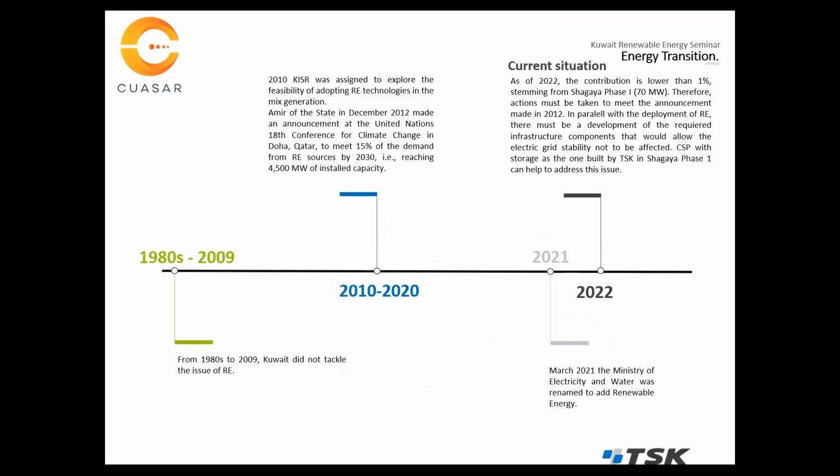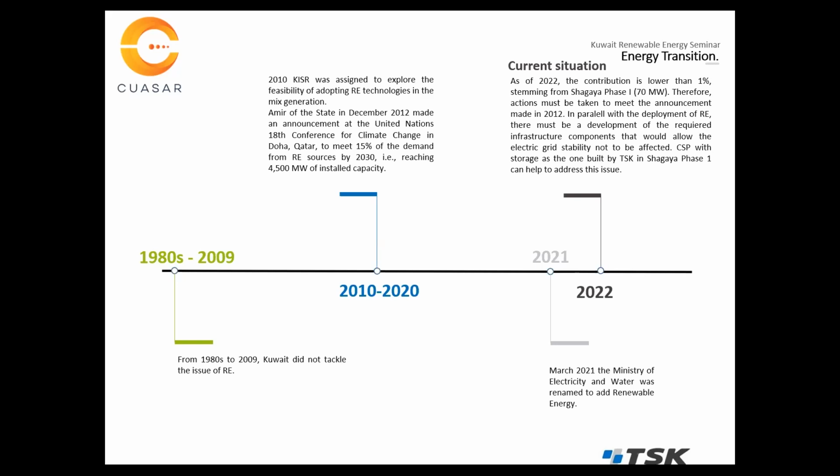In this slide we have tried to summarize, although you, Dr. Salim, did before, the main milestones in the deployment of renewable energies in Kuwait during these years. As you said, in 2010, KISR was assigned to explore the feasibility of adopting renewable energies in power generation.